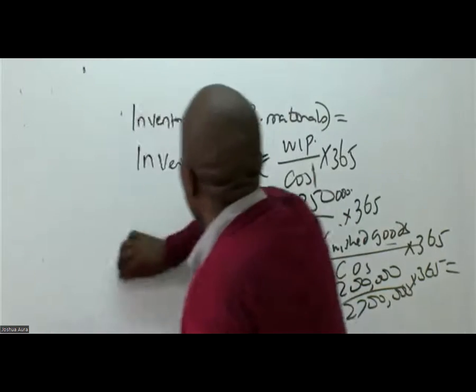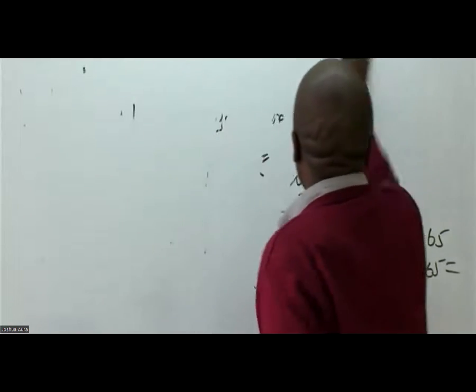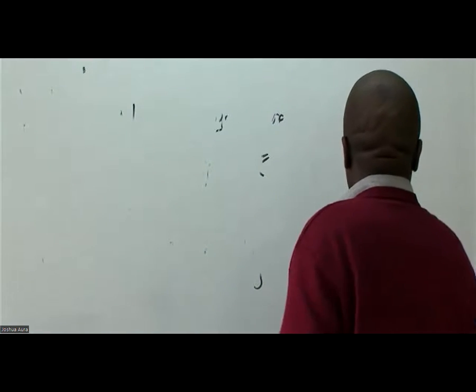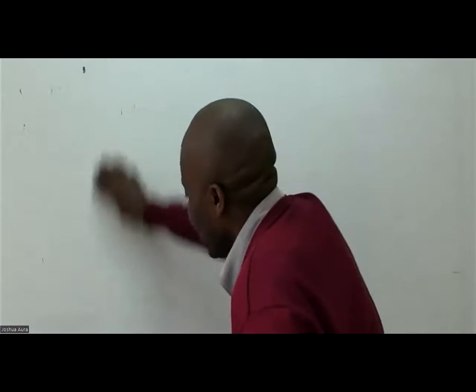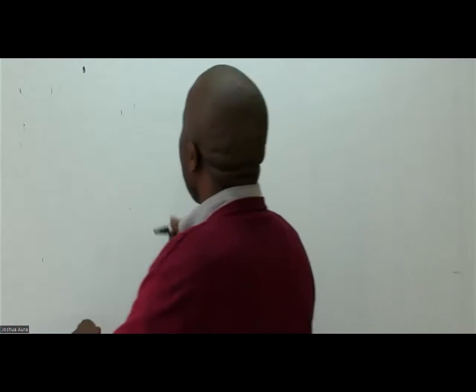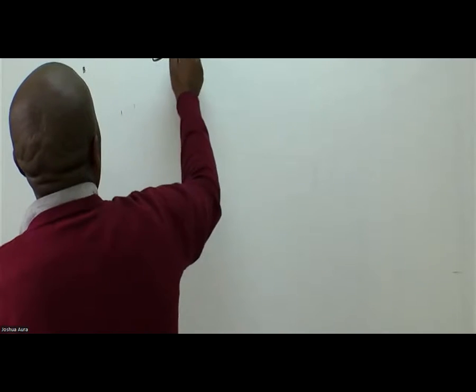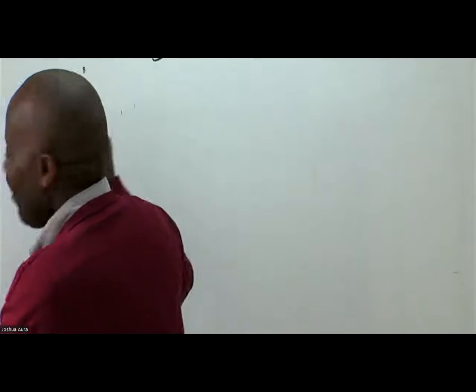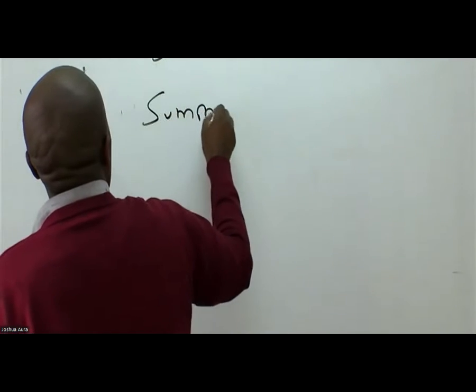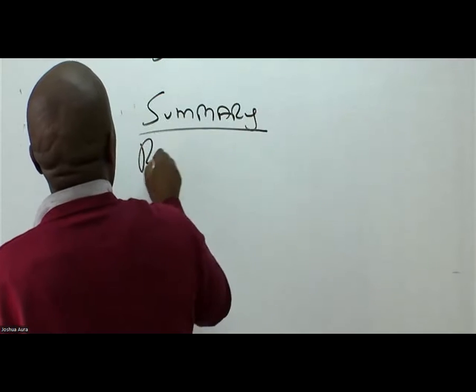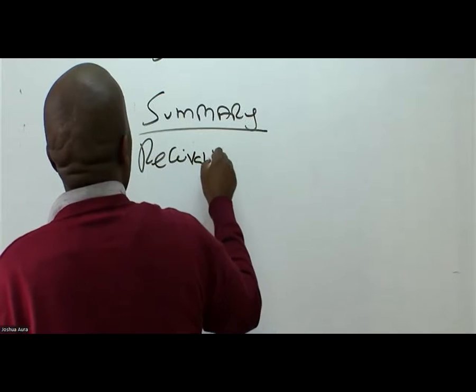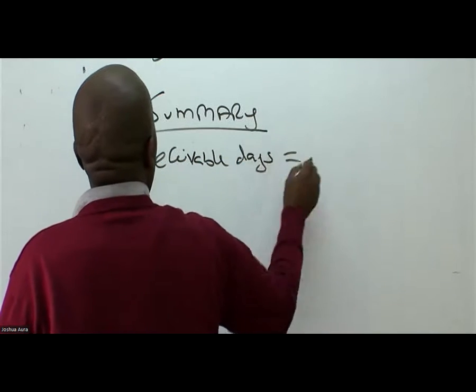Now, once you get that, you good students, once you reach there, what you need to do is to come and give us now a summary in terms of the receivable days. How many were they?